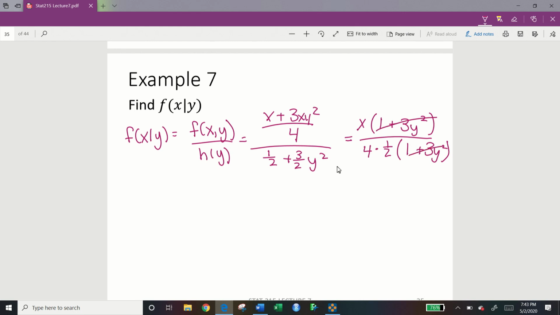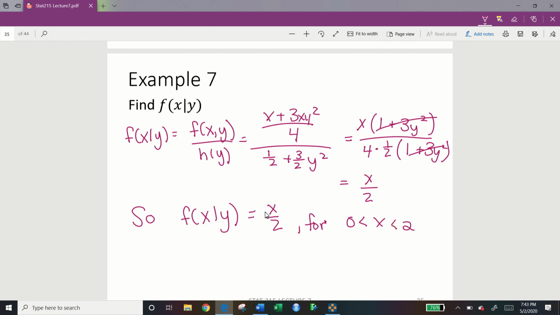Crossing out, this will equal x over 2. So f of x given y is equal to x over 2 for 0 less than x less than 2. Whew, very good. Let's keep going. Still have 2 more things I'd like to take a look at.